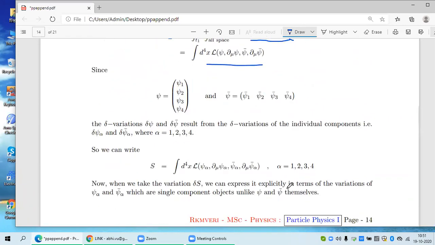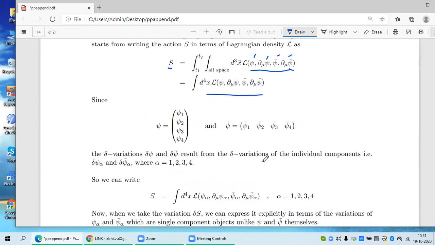Clear? Now, remember that since psi is a 4x1, all these individual components of psi, psi 1, psi 2, psi 3, psi 4, and here also psi 1 bar, psi 2 bar, are single component objects, each sitting in this functional form, which I express in compact form through chi and chi bar, row and column matrices.